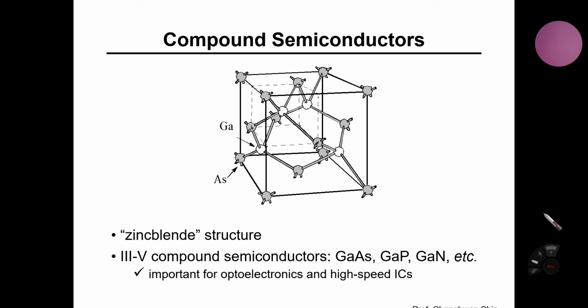The answer is no. So we are using another phrase, zinc blende structure, as I have noted here. So what is this? Zinc blende structure has been drawn in this unit cell.